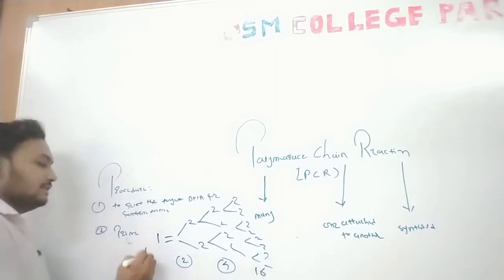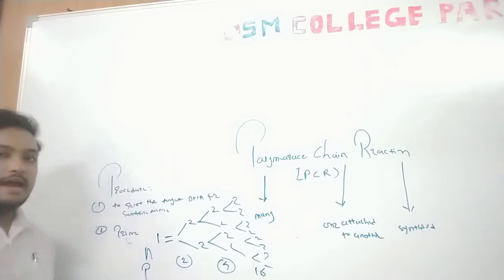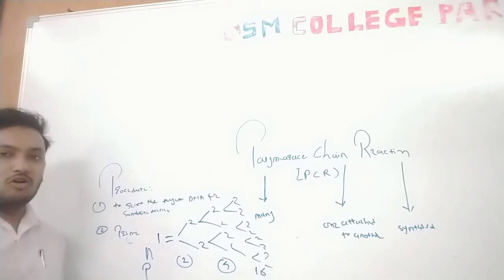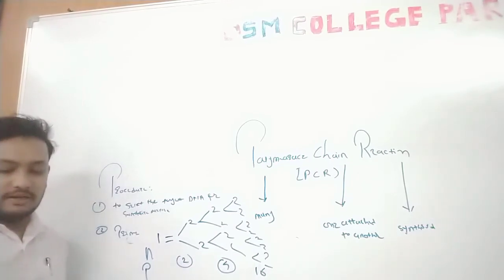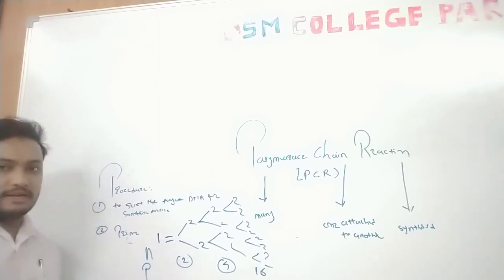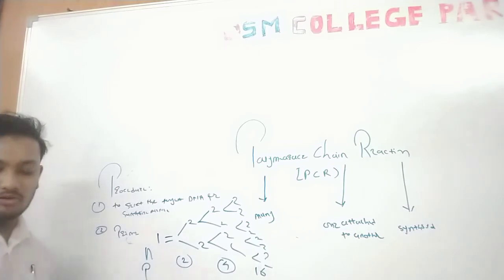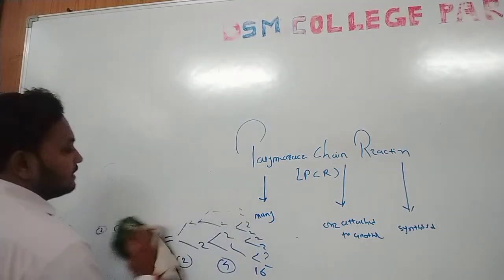It is a power of n of molecules, and n number of cycles can occur. So the result is that millions of copies of the DNA are synthesized within 30 minutes. In these 30 minutes, 27 to 30 cycles are completed and we get millions of copies of the DNA. Here is the procedure of the polymerase chain reaction.